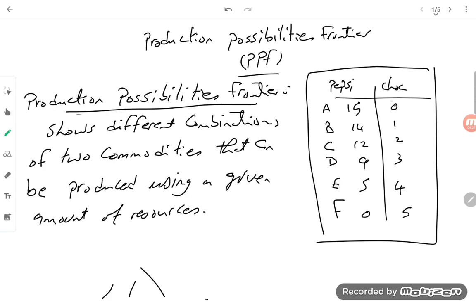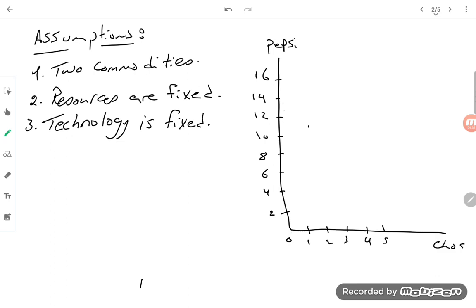So the first combination is 15 Pepsi and 0 chocolate. This is combination A. B is 1 chocolate and 14 Pepsi.